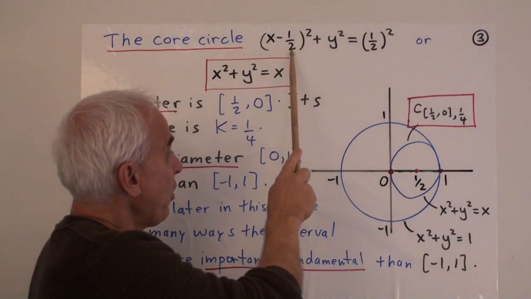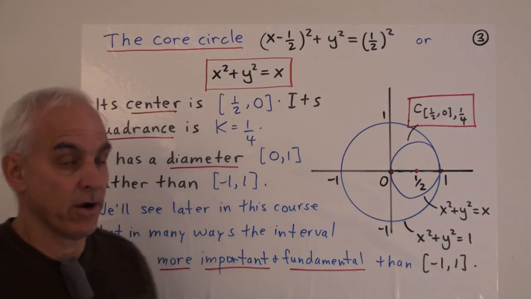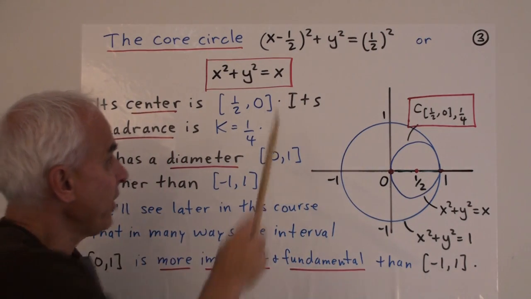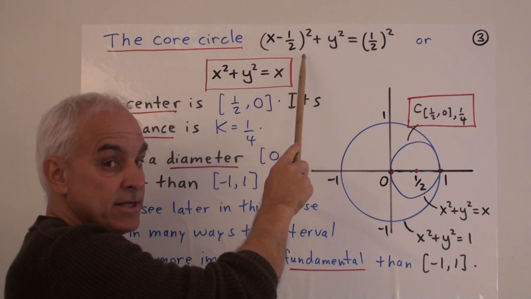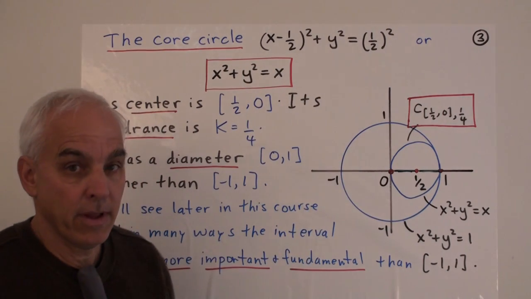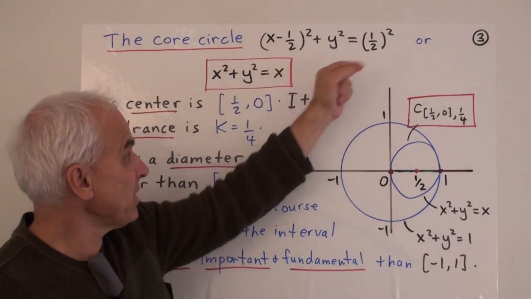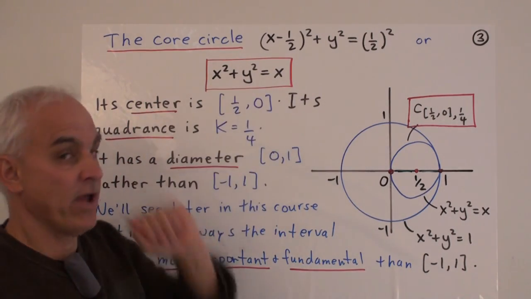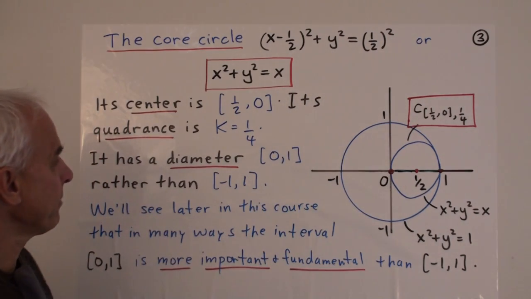It has center the point (1/2, 0) and quadrance (1/2) squared, or 1/4. If we expand this out, we get x squared minus x plus 1/4 plus y squared equals 1/4, and then the 1/4s cancel. If we bring the minus x to the other side, we just have x squared plus y squared equals x. So that's the same equation.